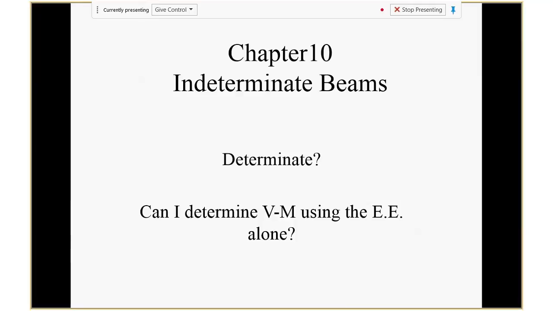Now for the beam, we'll have the same situation again. So the first question is, what is an indeterminate beam? Let's go through one example. Let's say I have this beam, and to make it easier, I just apply one load P here.